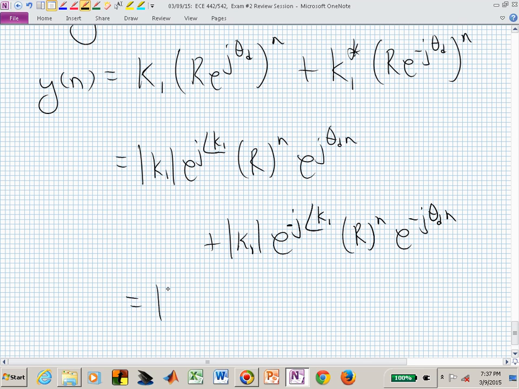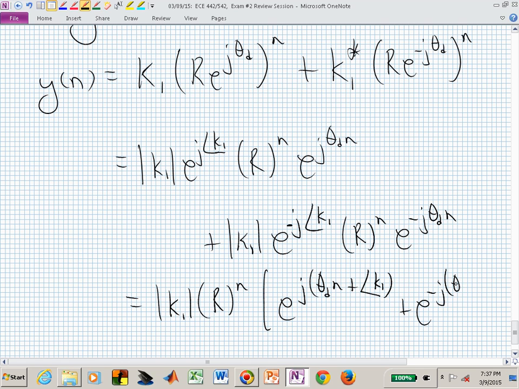And if we collect like terms, we have the magnitude of K1, that's a number. R to the n, that's this exponential increase or decrease. In this case, it's a collapse since r is less than 1. And what's left over is we have e to the j theta sub d n plus the angle of K1 plus e to the minus j theta sub d n plus the angle of K1.